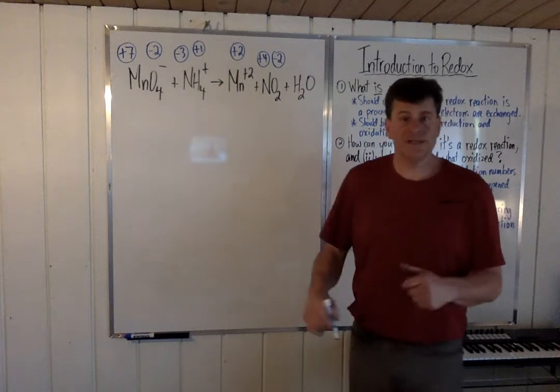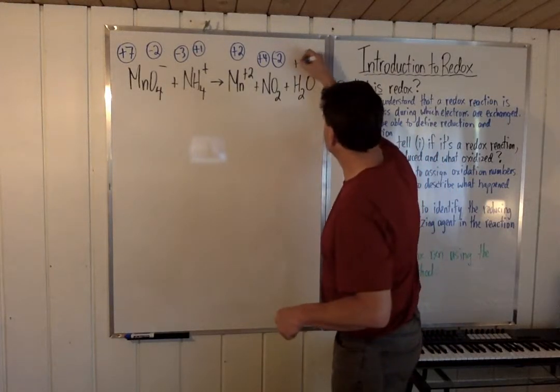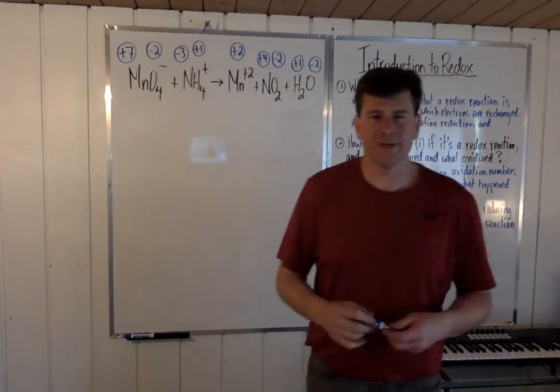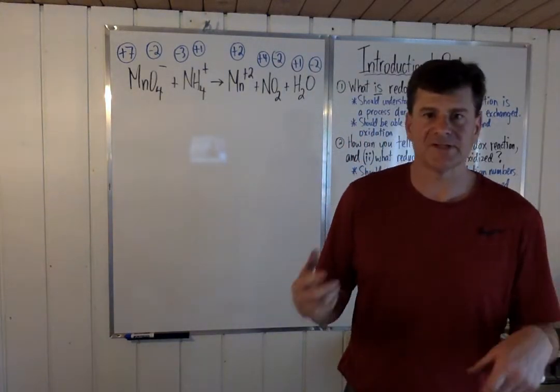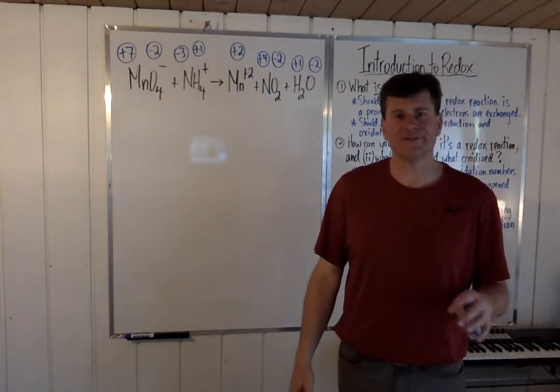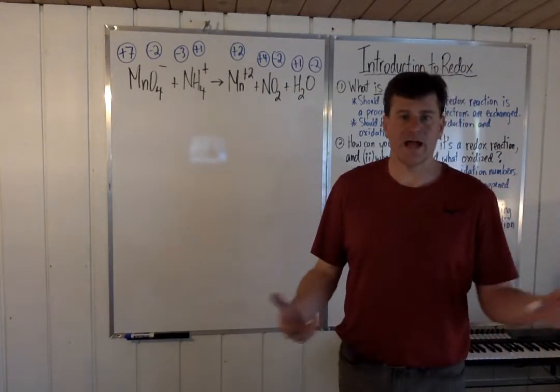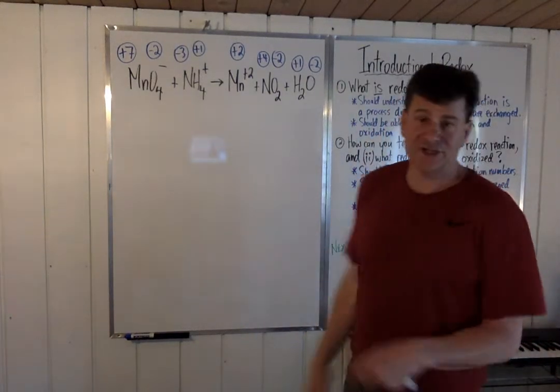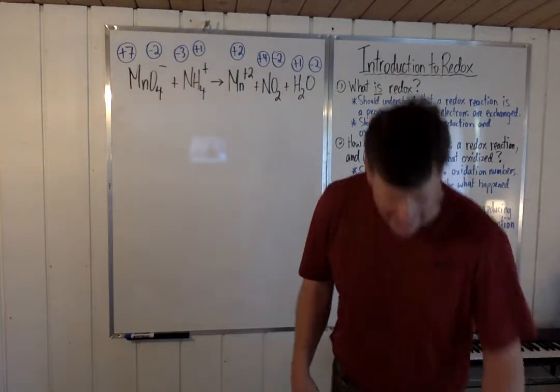And then last but not least, water. Hydrogen gets priority. It's +1. Water is really stable because both those atoms tend to be in the oxidation state that they like to be in. Hydrogen +1, oxygen -2. Okay, and that's why it tends to be a non-reactive and pretty stable thing. So we've assigned oxidation numbers kind of all over the place. So what actually happened here?